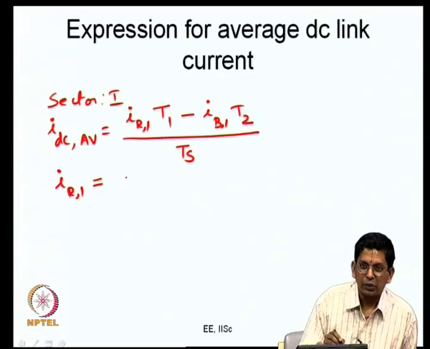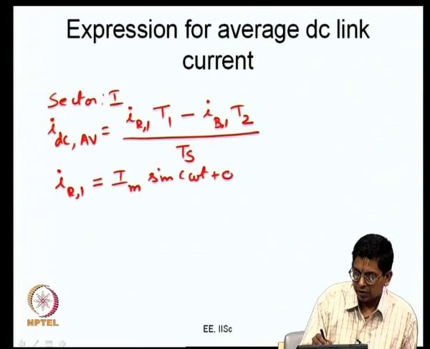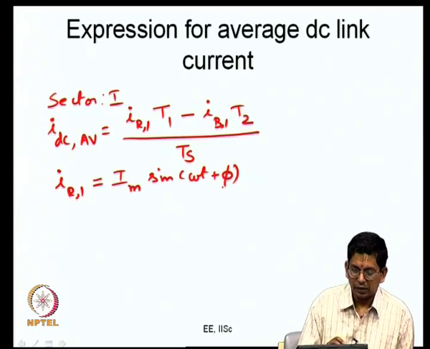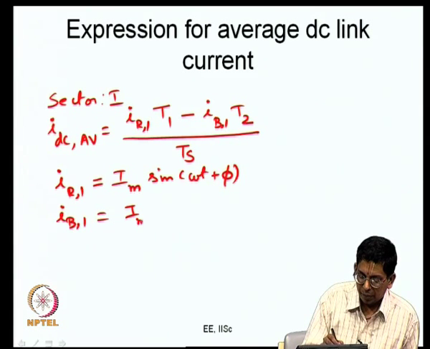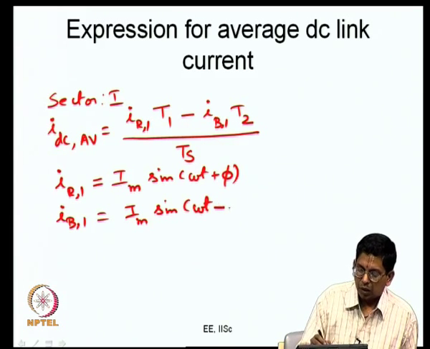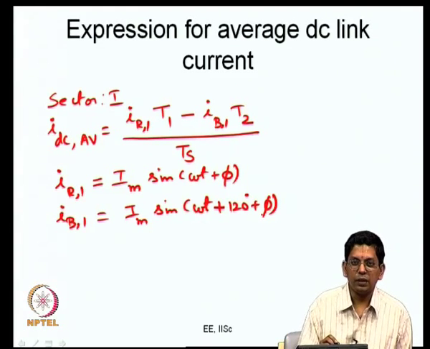Let us say the fundamental has some peak value Im, and that is going to be sin omega t plus phi, where phi is the power factor angle. Similarly, IB1 is equal to Im times sin of omega t minus 240 degree or plus 120 degree plus phi. So, you have them.